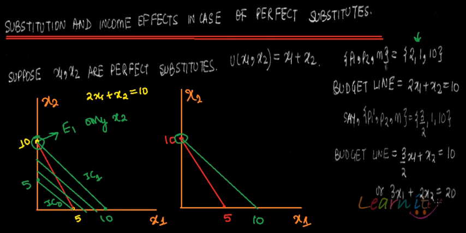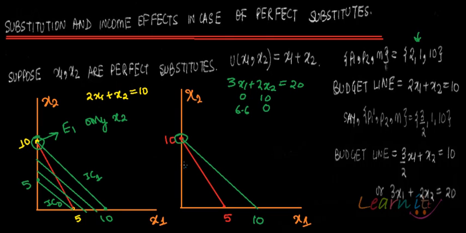It could be written as 3x1 plus 2x2 equals 20. So if x1 is 0, x2 is 10, and if x2 is 0, x1 is 6.6 or something. Clear?